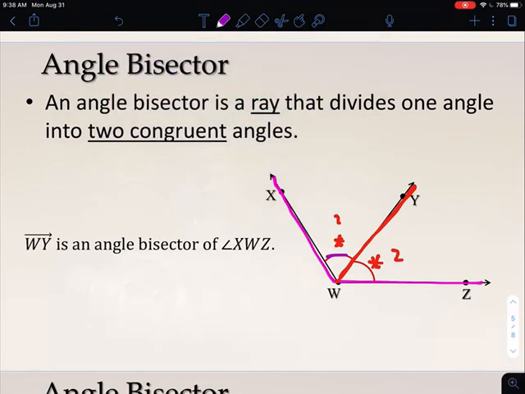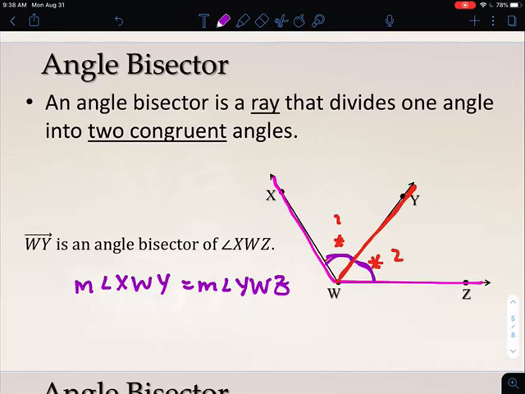So those little arc symbols tell us that these two angles here and here are identical. So that means the measure of angle XWY is equal to the measure of angle YWZ. So my two small angles are equal to each other at this point.